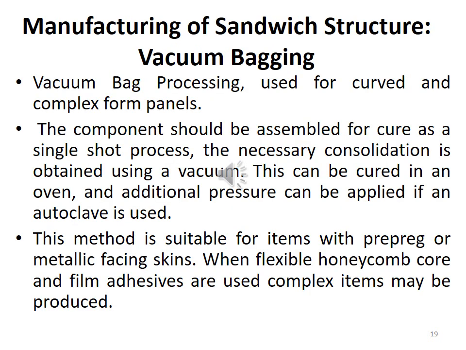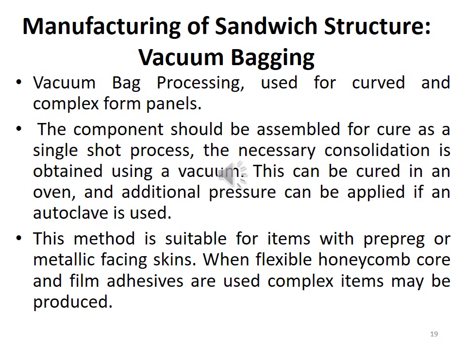Another manufacturing method to construct sandwich panel structures is vacuum bagging. Vacuum bag pressing is generally used for the curved and the complex form of the sandwich panel.